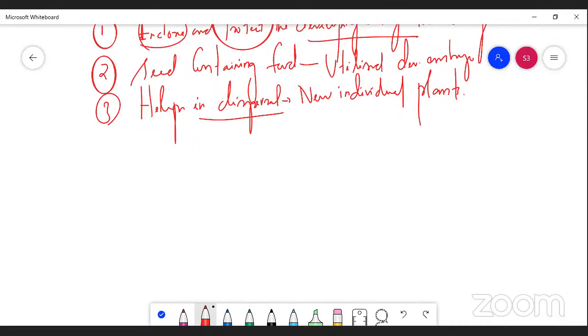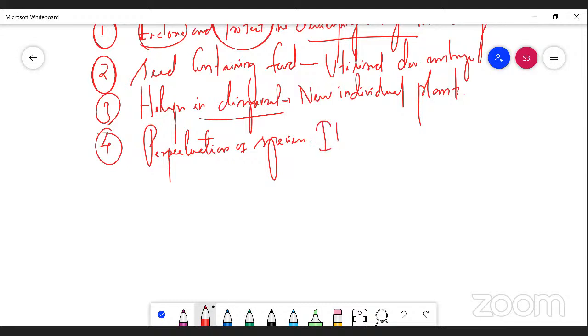The fourth significance: the seed is maintained for perpetuation of the species. It stays alive during the dormant period.